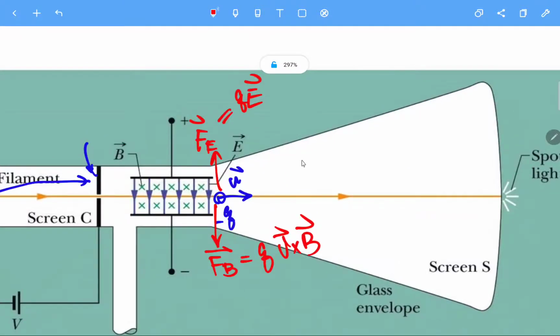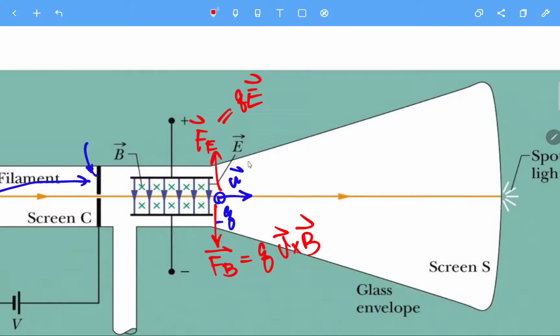Which means that if we can control the ratio between E field and B field, then at a specific point, these two forces will be the same and pointing in opposite directions, and they will cancel each other. So in that case, this charged particle will go strictly to this screen.